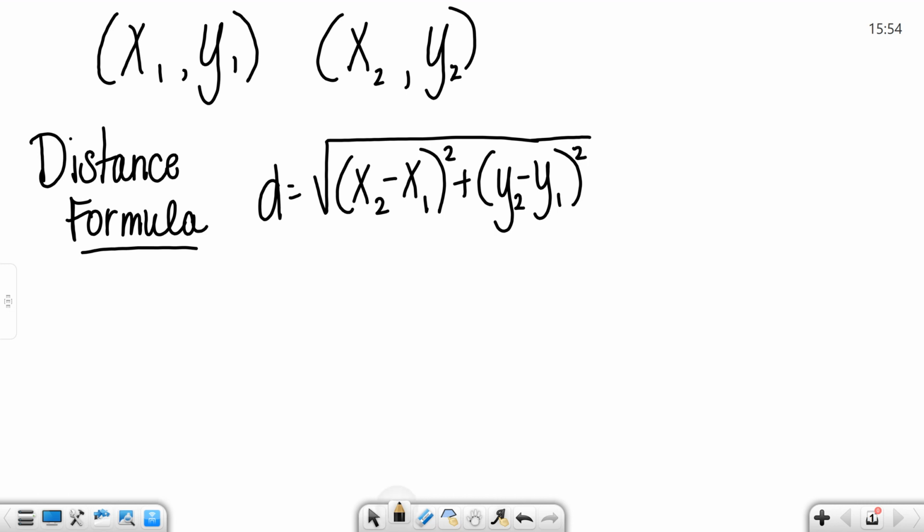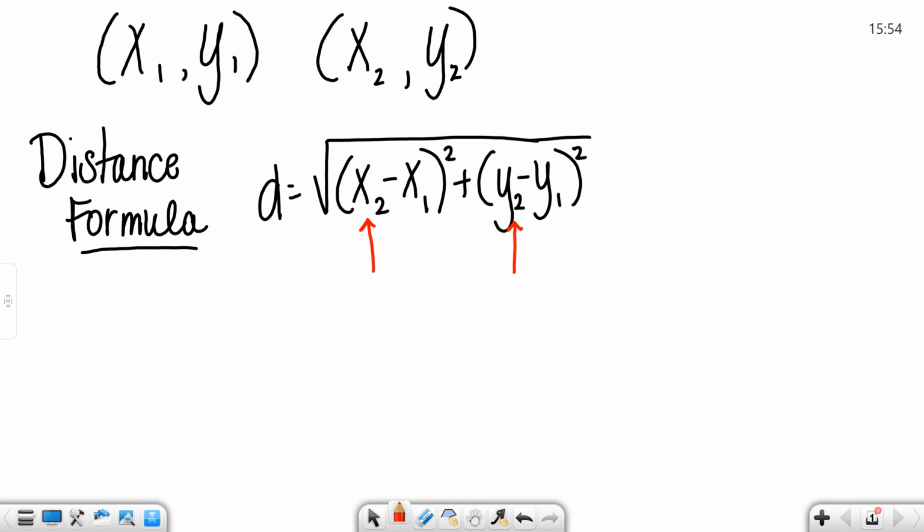Notice in my distance formula, I have x2 minus x1, and then I have y2 minus y1. They must go in the correct order. Now, somebody else may say, well, I didn't call that ordered pair x2 because they were just numbers and I had to label them. We have to be consistent, okay?